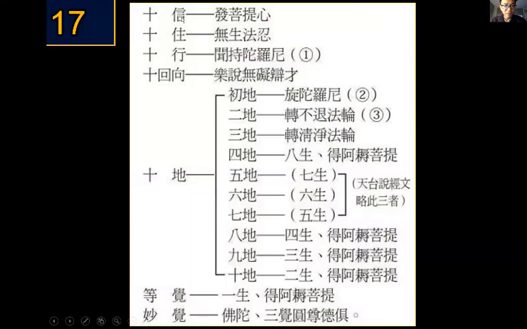So we have the 10 faith, people who are able to generate in their heart the will to walk the Bodhisattva path, to go on to the Bodhi path. This one single thought to go on to this path is already very difficult, so you can see how it's a very, very small number of people who are able to do it.